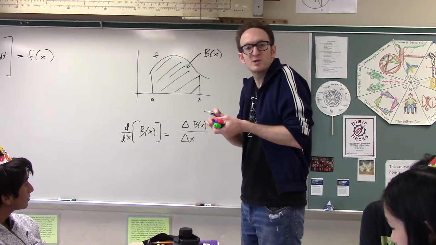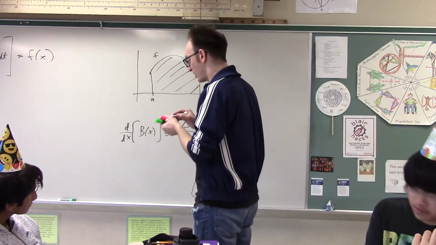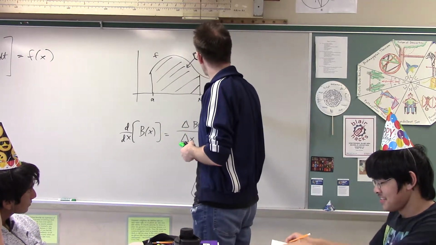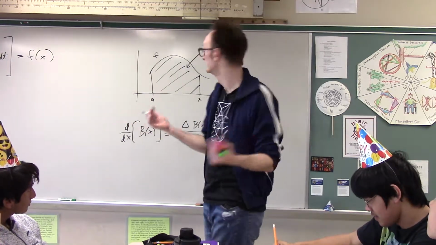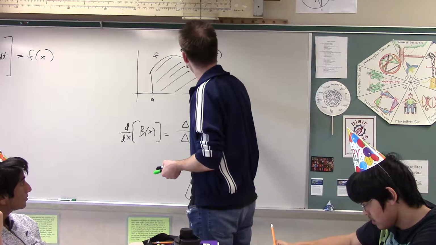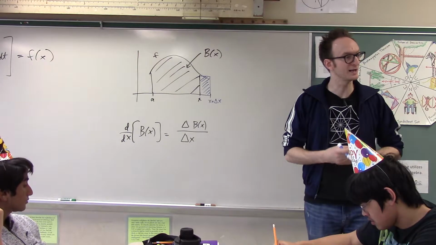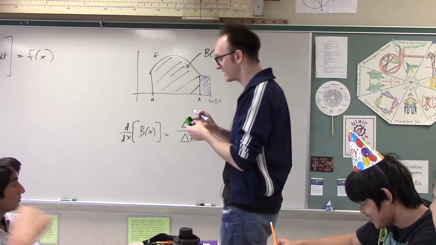Well, in order to answer that question, let me make x a tiny bit bigger. So now I'll go over here in blue and call this x plus delta x. And how much do I get in x plus delta x? In that infinitely small amount of new x, I get this tiny rectangle.